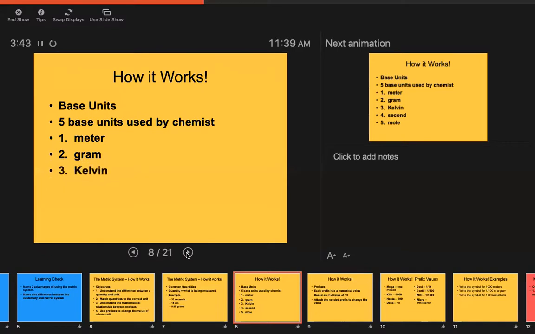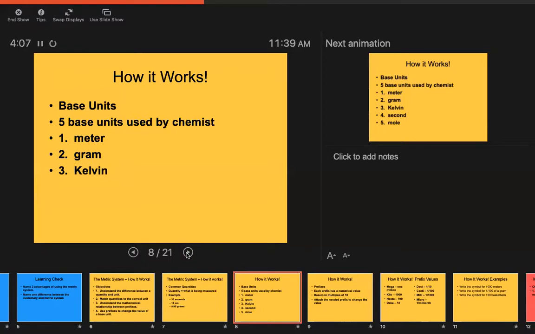What about Kelvin? Does anybody remember where Kelvin is? What's Kelvin measure? Anybody? Degrees. Temperature is really what we're trying to get to. Kelvin is based on a scale, and we're going to do some temperature readings when we do gas laws, but Kelvin is a scale, like Fahrenheit is a scale of temperature, Celsius is a scale of temperature.